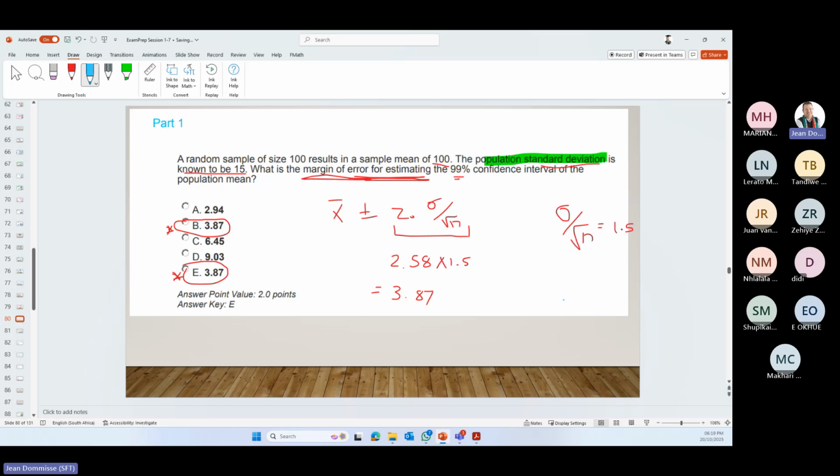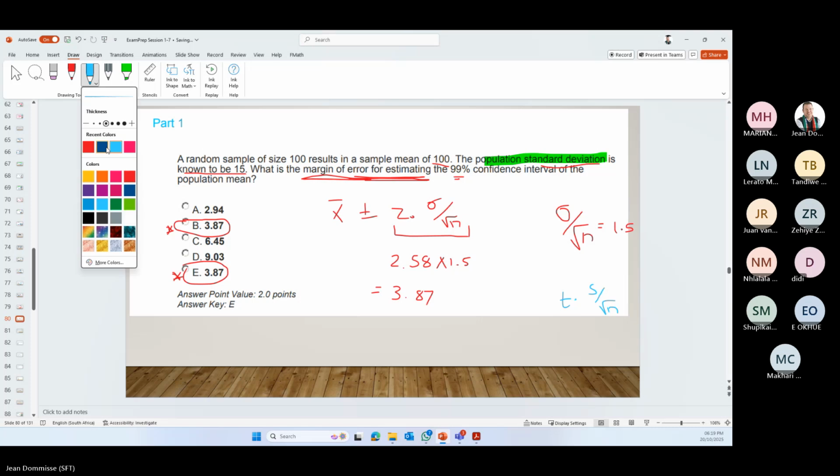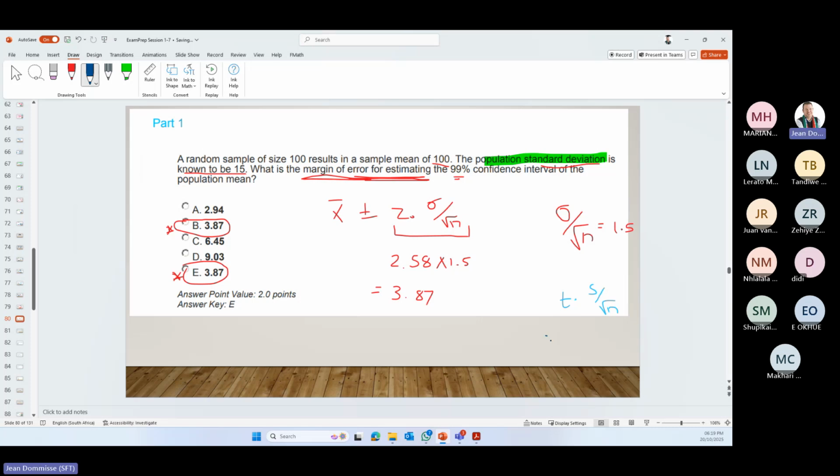Else, it would have been a T times that standard error. I assume it would not have been our option, but let's just check.